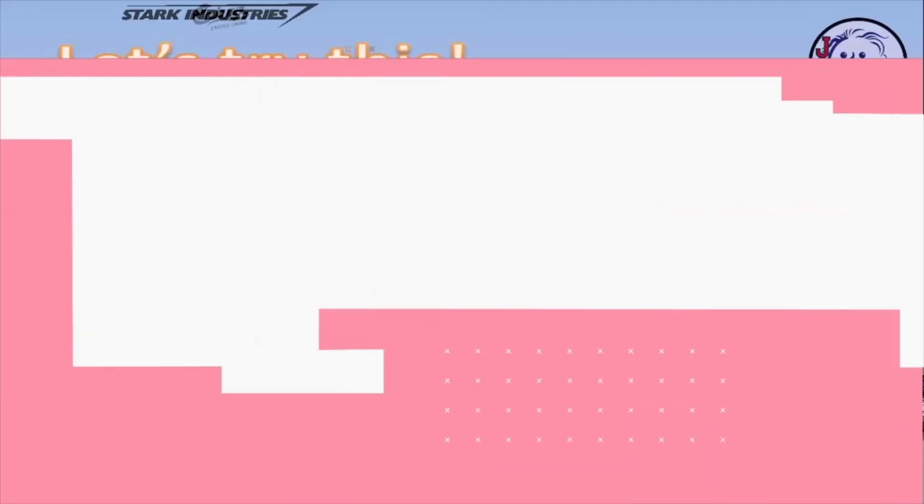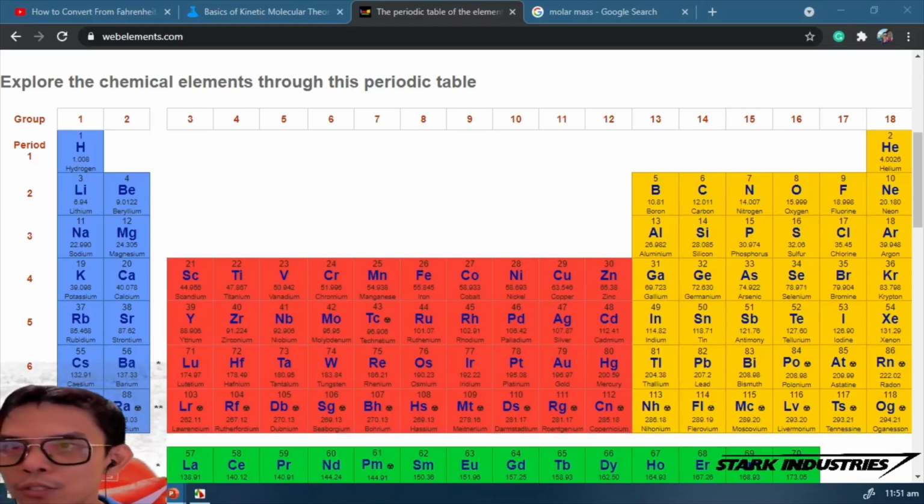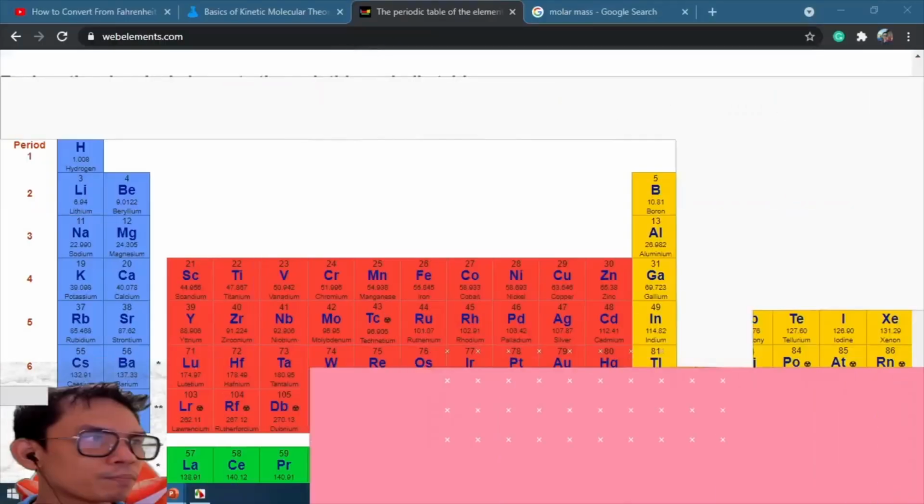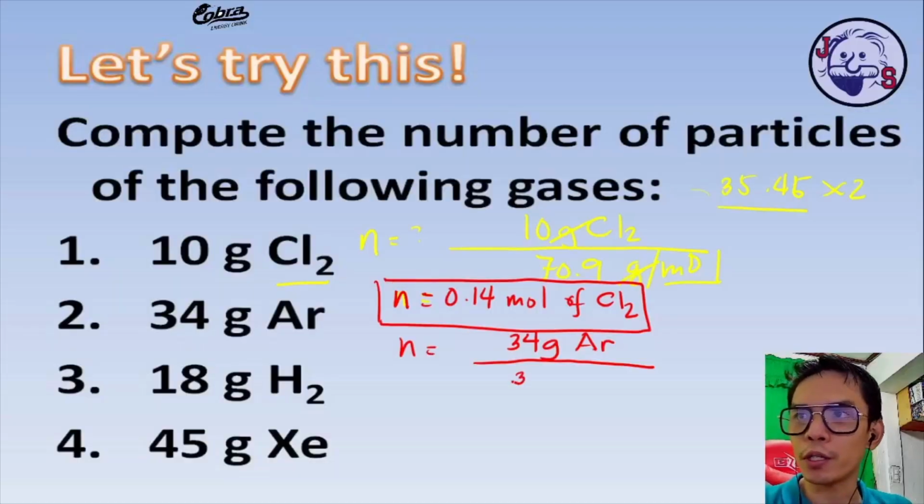So let's take a look at the periodic table. The molar mass of the gas is 39.95. So we have it right here. Let's go back. 39.95 grams per mole.